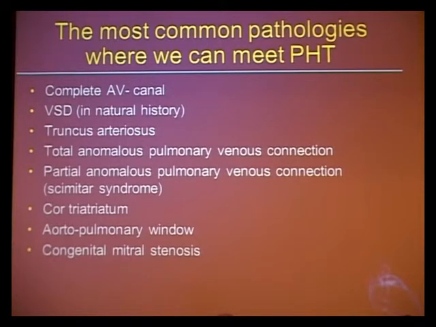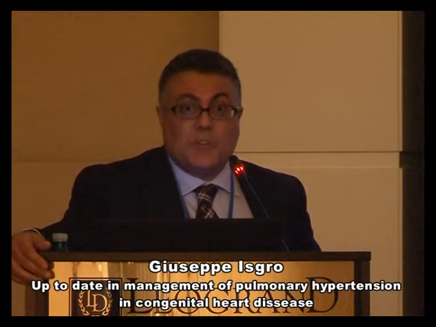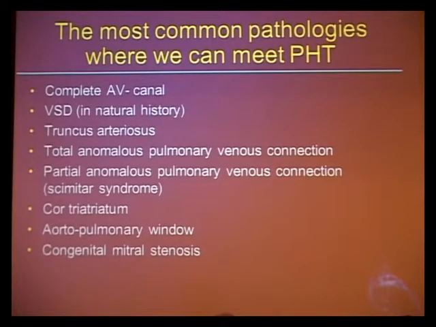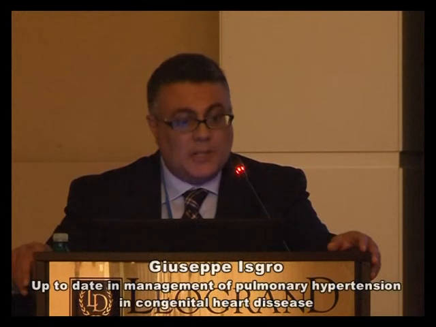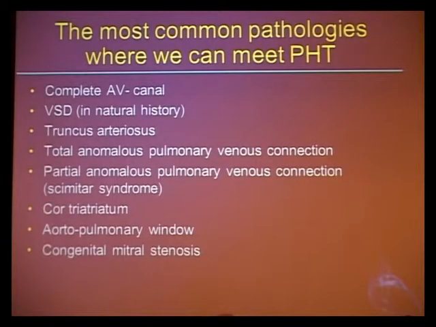And we can see this in complete AV canal, VSD, especially those patients that are in natural history and are not treated when they are infants, for example. Truncus arteriosus, total anomalous and partial anomalous venous connection, cor triatriatum, aortopulmonary window, and congenital mitral stenosis.